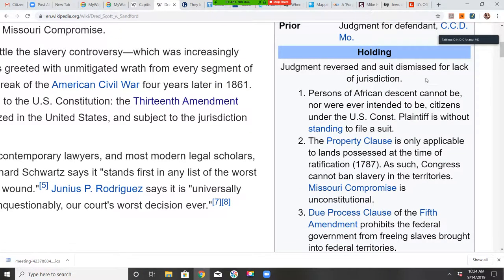Then I need you to understand what part changed: the part where it says "nor were ever intended to be changed when the 14th Amendment was offered to non-citizens or persons of African descent." So that's the first part, because it shows you two pieces.